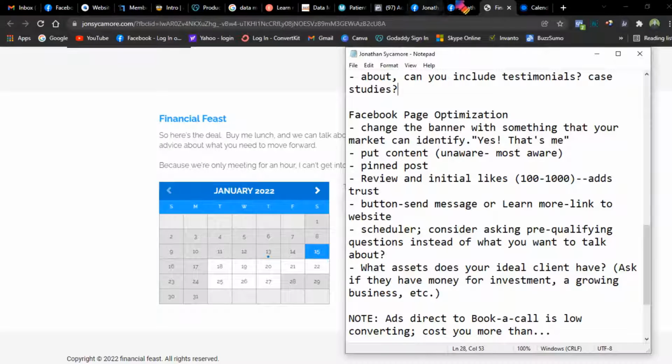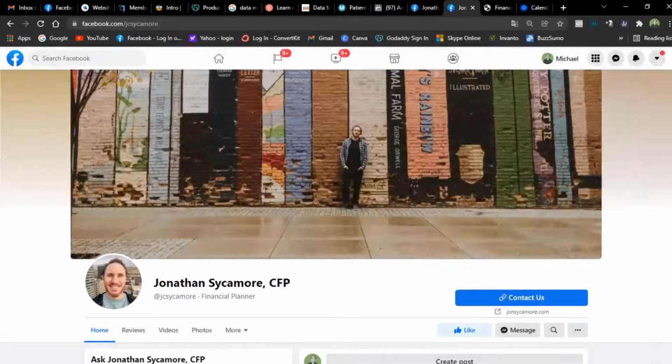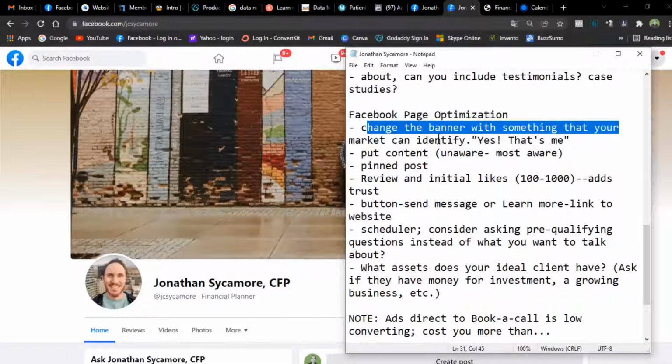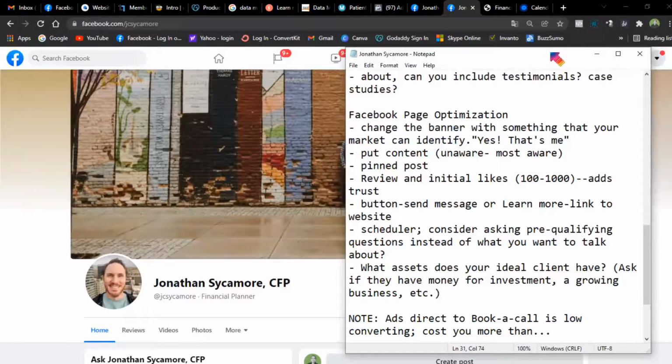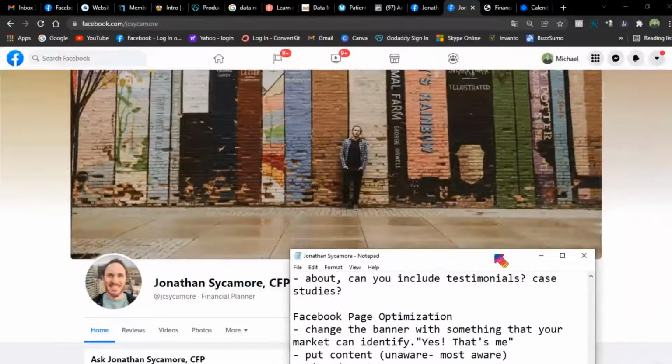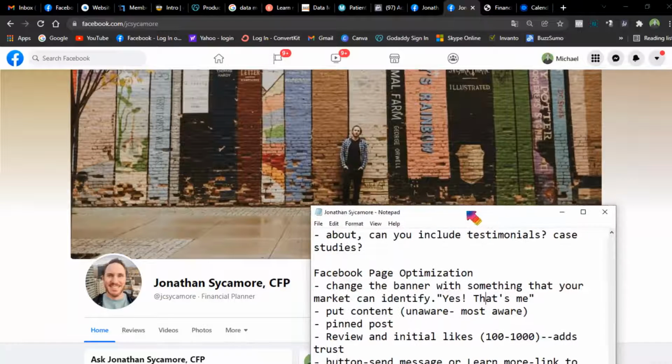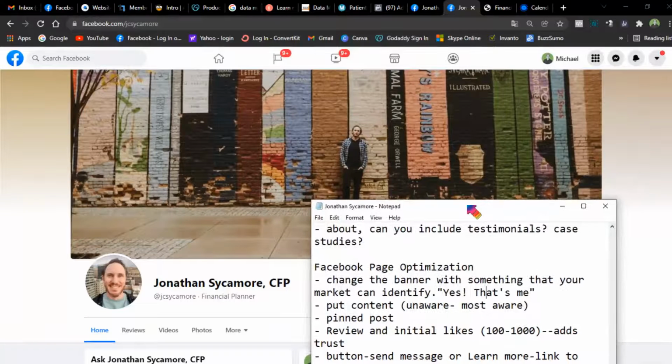So what I saw here is, I would suggest that you change your banner with something that your market can identify. And right off the bat, let's say, are you part of the 1% of people in the world who values financial planning? Something like that. I really don't know much about your market.